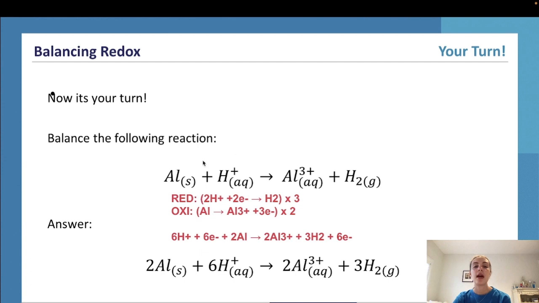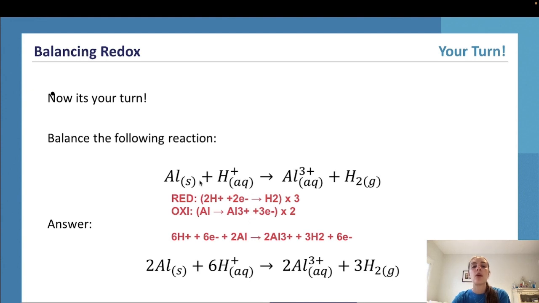So if aluminium is losing 3 electrons, it's being oxidized, whilst if hydrogen is gaining 1 electron per hydrogen, then it's being reduced. So we can write out 2H+ plus 2 electrons makes H2, and aluminium makes aluminium 3+ plus 3 electrons, and so that's our 2 separate equations.